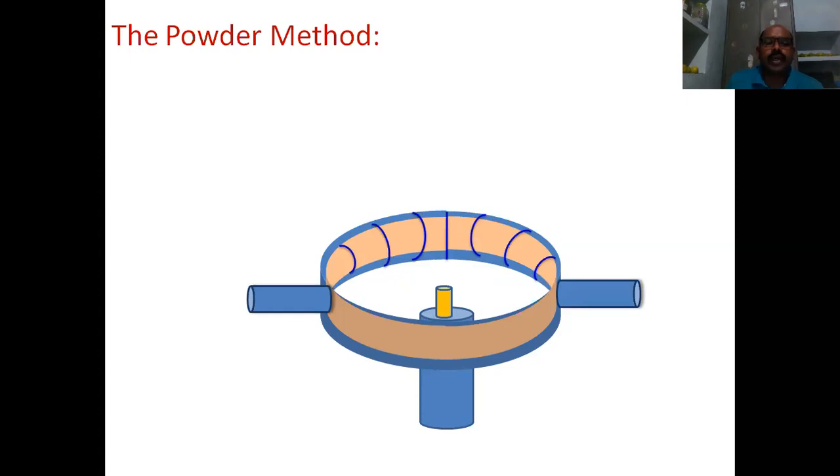In this we are using monochromatic X-rays, and the material is taken in powder form. It is easy, and we can get the data very quickly. Thank you very much for watching.